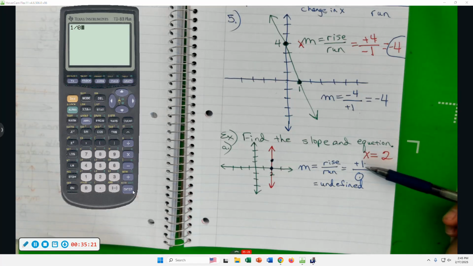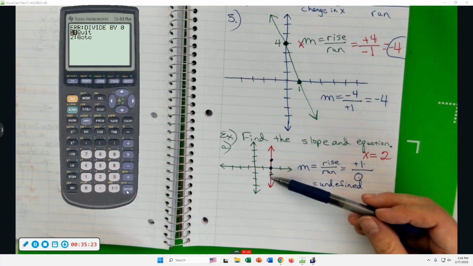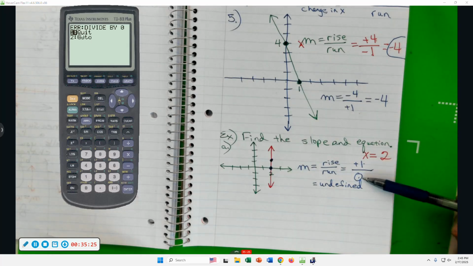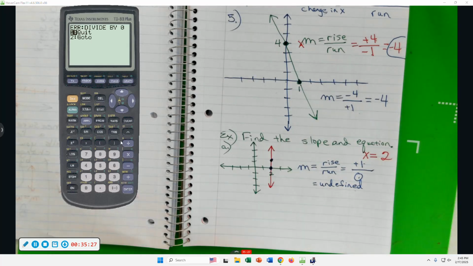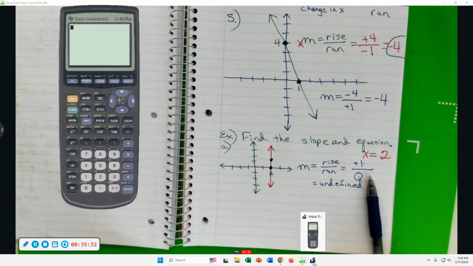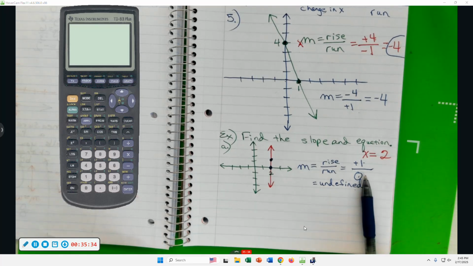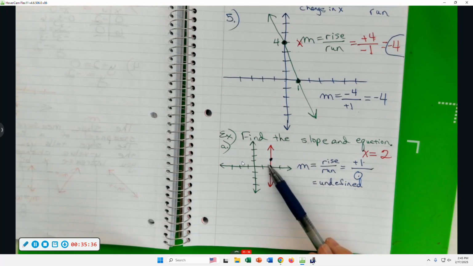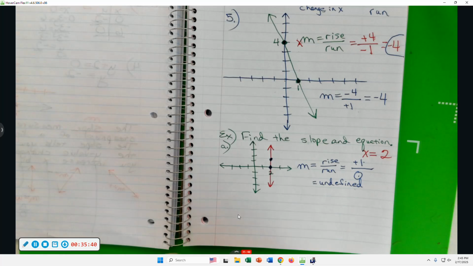If you use the formula for the slope, if it's a vertical line, you're going to get a denominator of 0, which is undefined. Any questions on our logic there? So we just justified why the slope of any vertical line is undefined. Let's do part B.